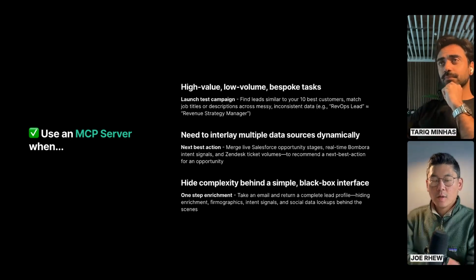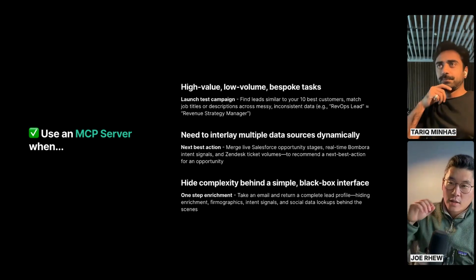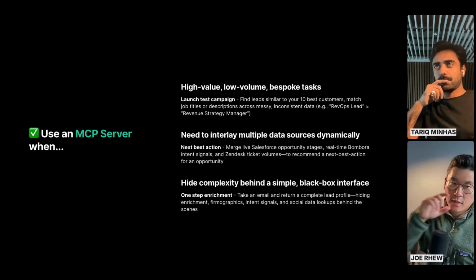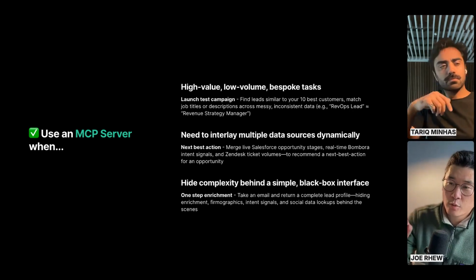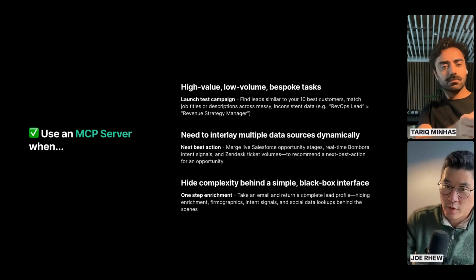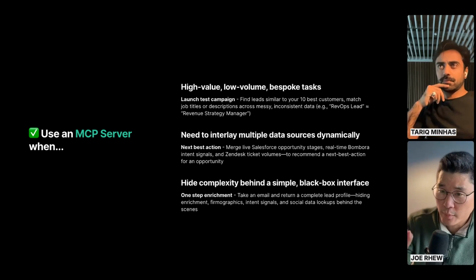Yeah, I think so. Right now, you could also imagine, I say high value, low volume, bespoke tasks, right? But there's no reason why we wouldn't be able to use an MCP server to do high volume. So, let's say you do really deep research on your 100 best customers.